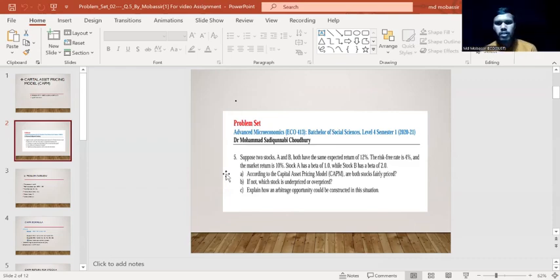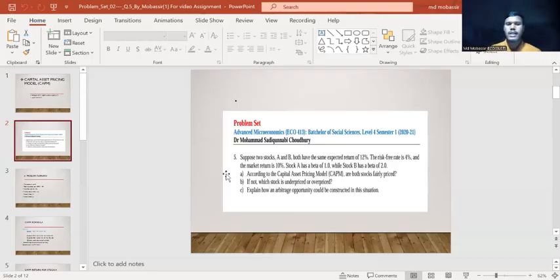This is the given information about stock A and stock B, and we have to solve 3 problems. Problem A is, according to the CAPM model, are both stocks fairly priced? Problem B is, if not, which stock is underpriced or overpriced? And problem C is, explain how an arbitrage opportunity could be constructed in this situation.